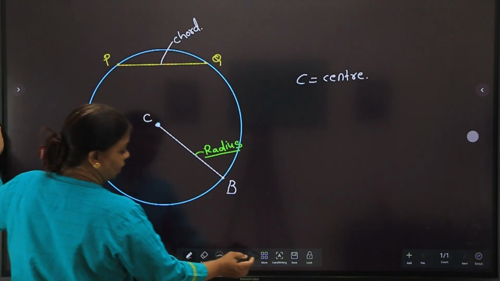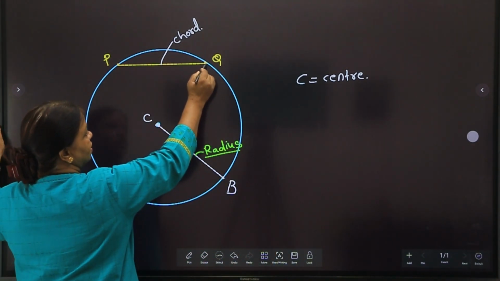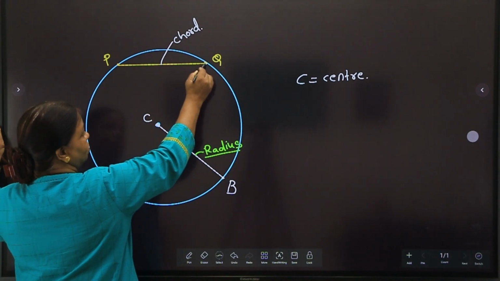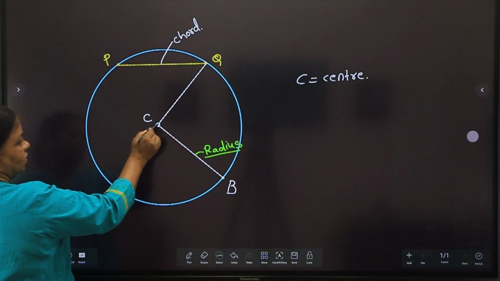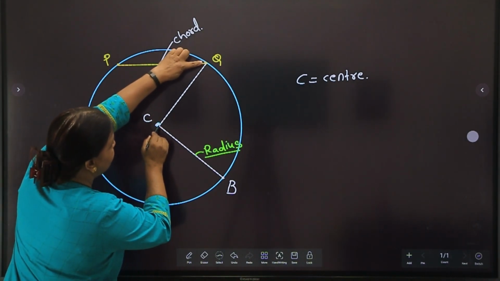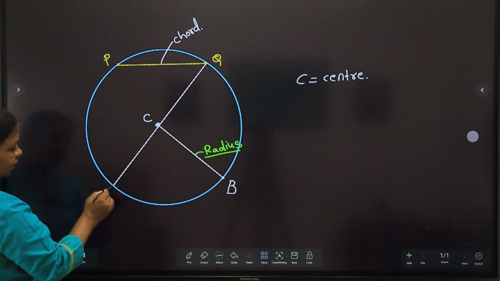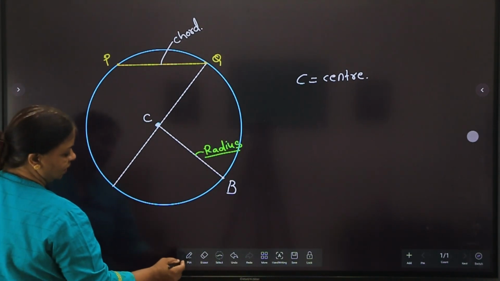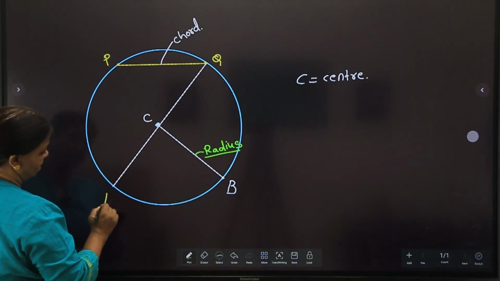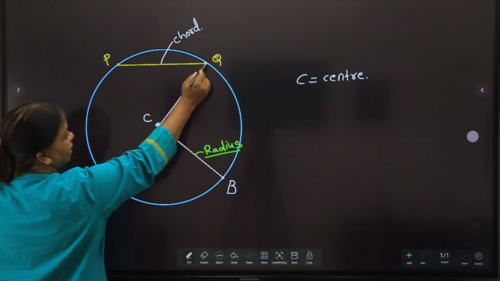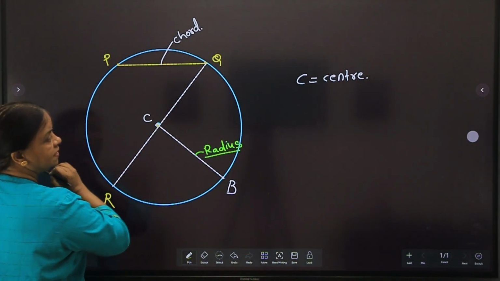Now, if I draw a line which joins one point here on the circle and another point on the other side of the circle, then this is Q and this is R. The line is joining Q and R, and also this line is passing through the center.